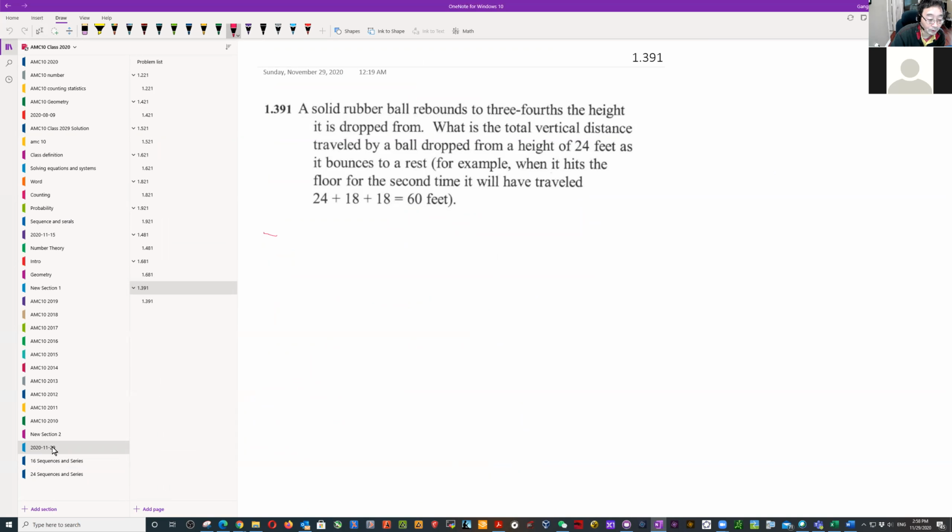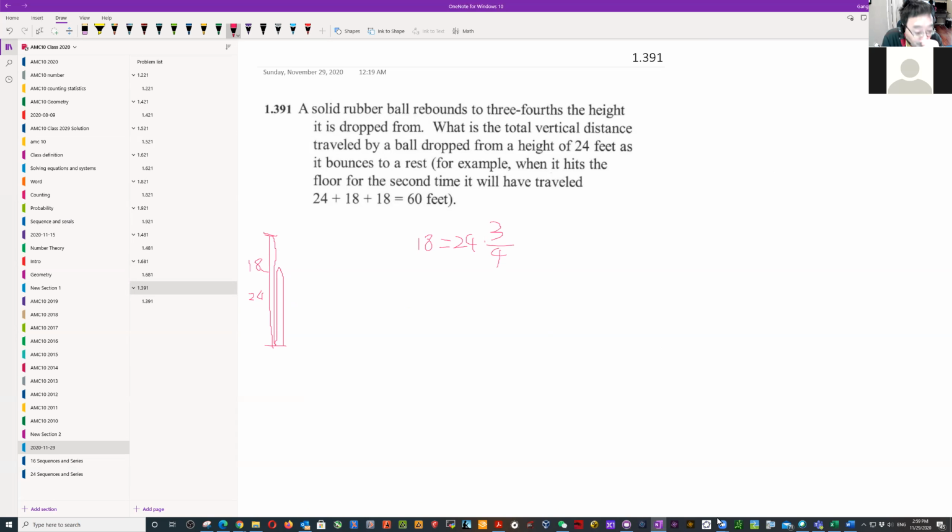So imagine the 24 feet drop is 24. So you have one way down in the drop. Then you bounce back to 18 here. So here is actually a round trip from the ground. Between the first bounce and the second bounce is a round trip of 18, because 18 is equal to 24 multiplied by 3/4.